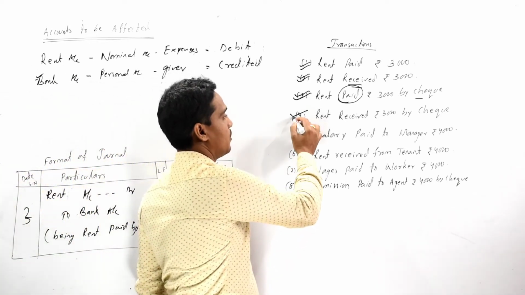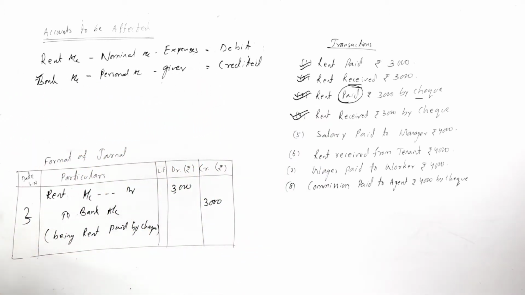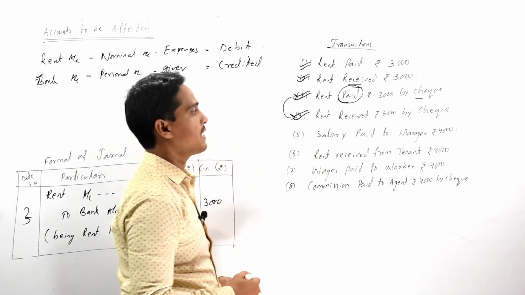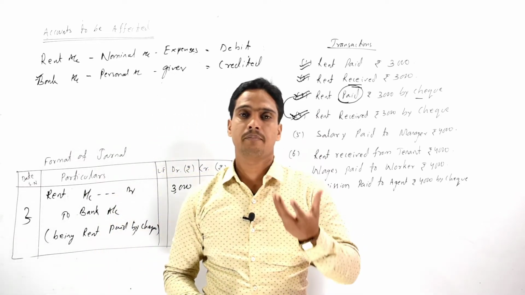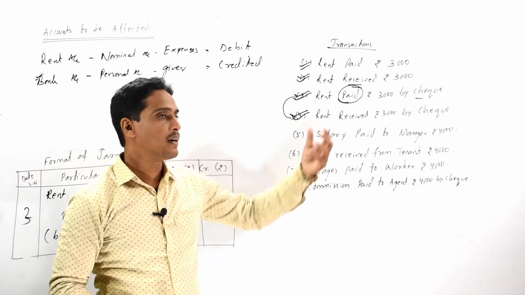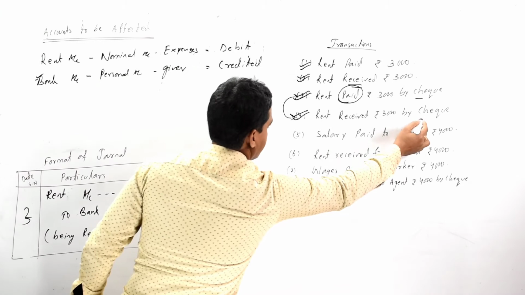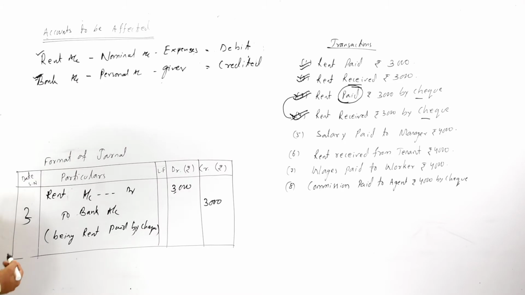Now come to our fourth transaction, that is rent received rupees 3000 by cheque. It is very similar to the third transaction, but in the third transaction we are making the payments, which means rent here is paid, so it is an expense. But in the fourth transaction, our rent is received. As rent is received by cheque, in this transaction rent account and our bank account should be affected.